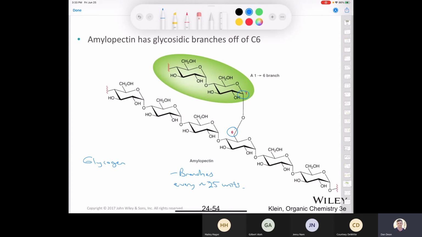And the only difference is that glycogen has branches every about 8 to 12 units. And there you go. So we'll say 25. I put in my notes 25 to 30 units. I don't remember exactly what it says in our textbook, but there you go.